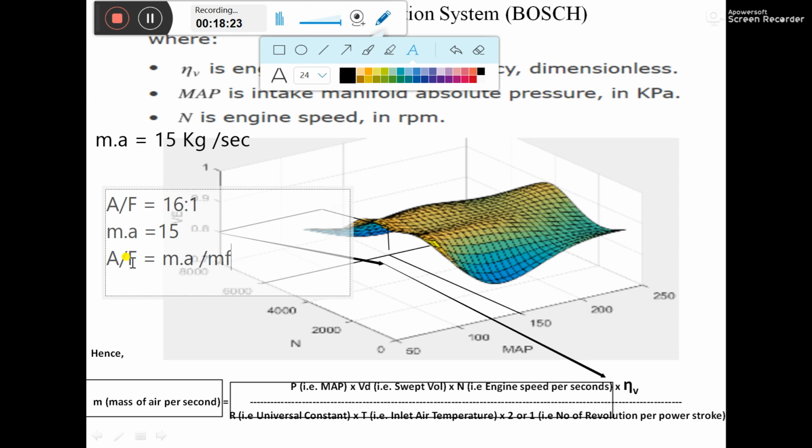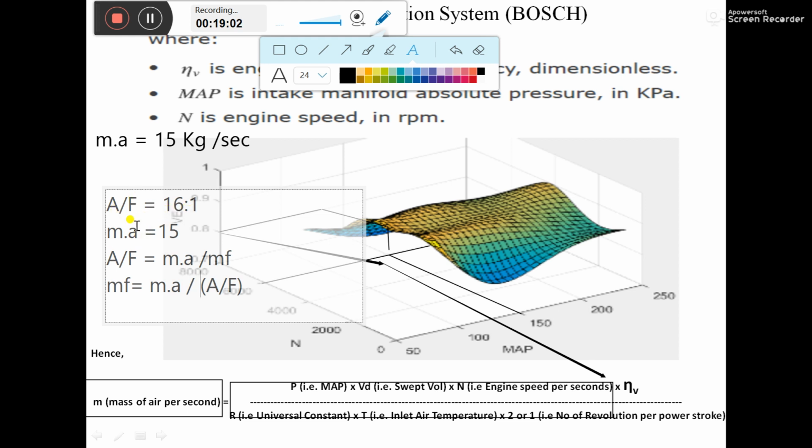So the mass of fuel equals the mass of air divided by the air fuel ratio.